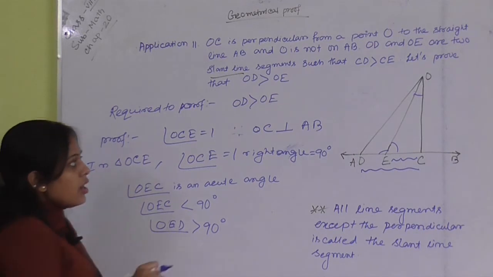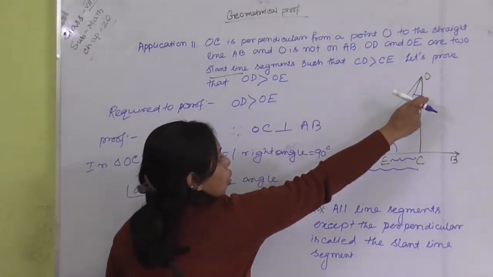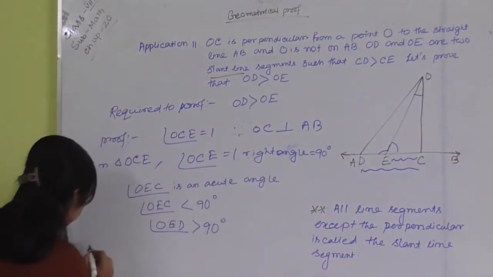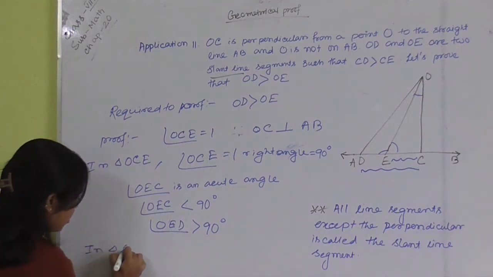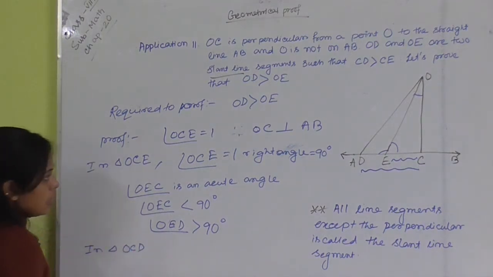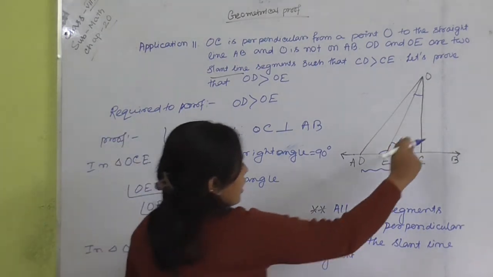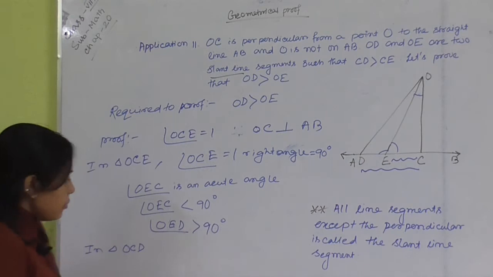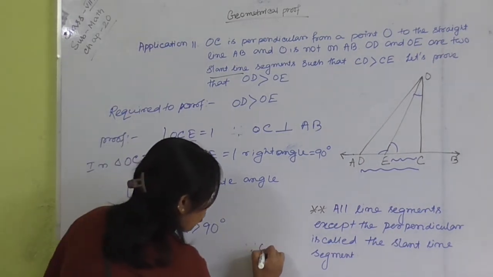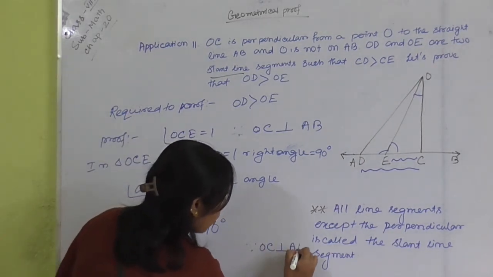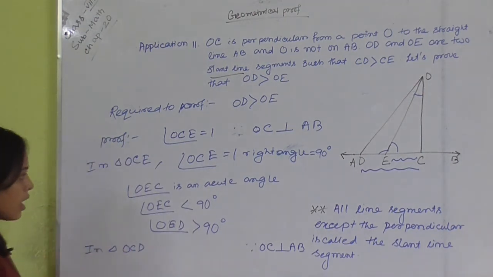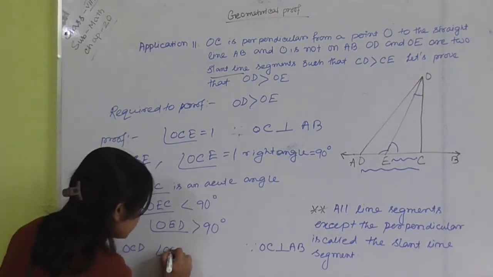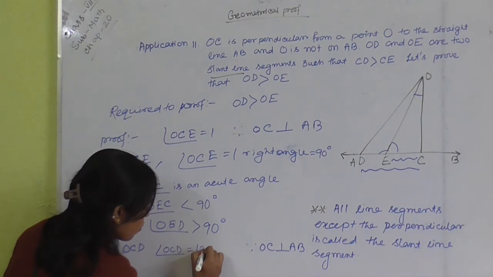Now we consider the next triangle, OCD. With the same reason, since OC is perpendicular on AB, we can write OCD is one right angle, or 90 degrees.